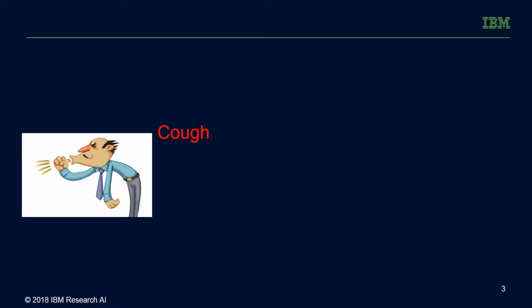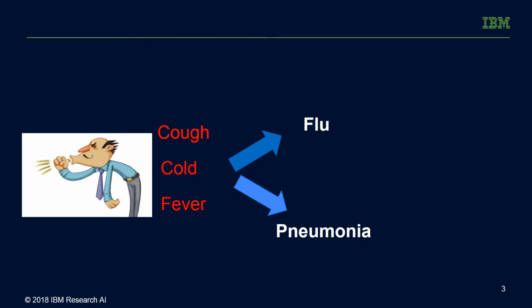And this is not only present for explanations in social settings, but doctors heavily use such explanations when diagnosing patients. For example, you might go to a doctor with symptoms of cough, cold, and fever. And these symptoms could either mean that you have flu or you have pneumonia.